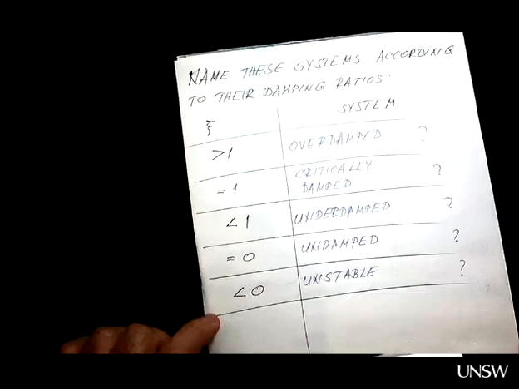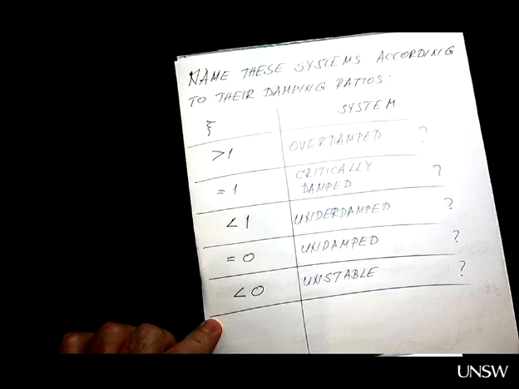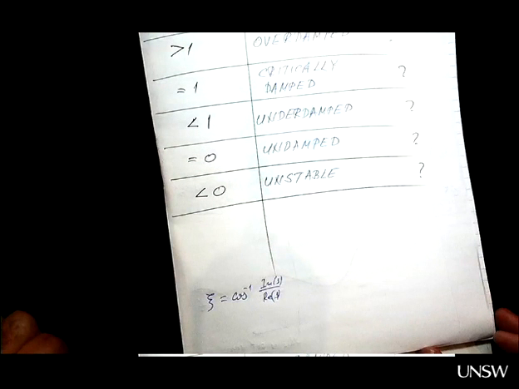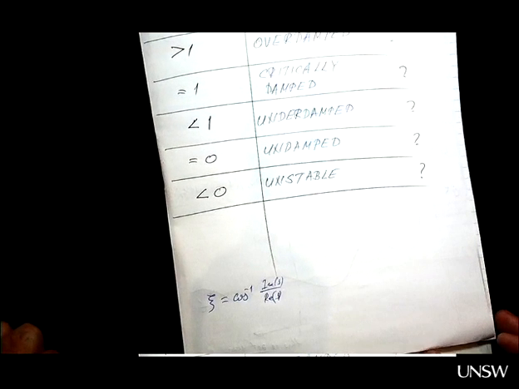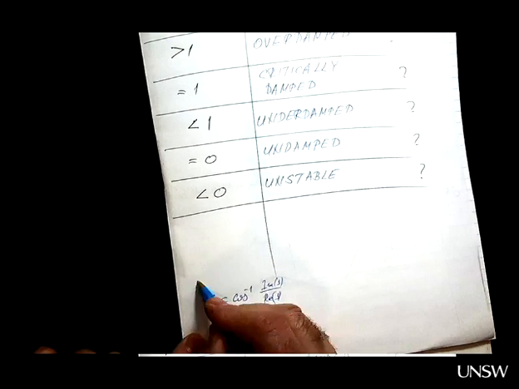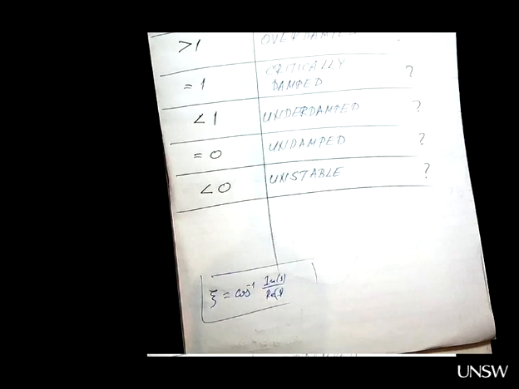So the damping ratio is the inverse cosine of the imaginary part of s over the real part of s. From memory. But that, as I said, will be relevant probably after the test, in lecture 11. So at this stage, this doesn't help you very much.